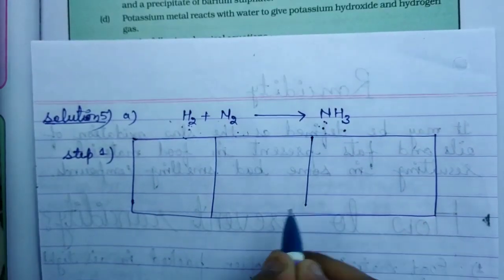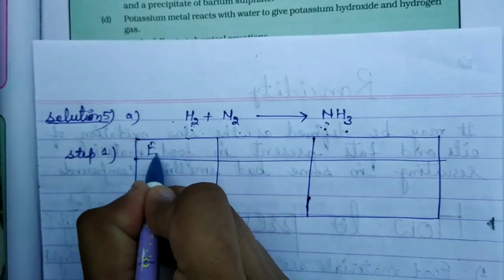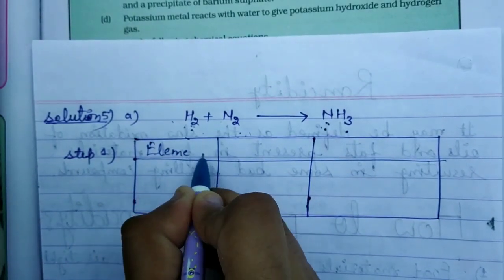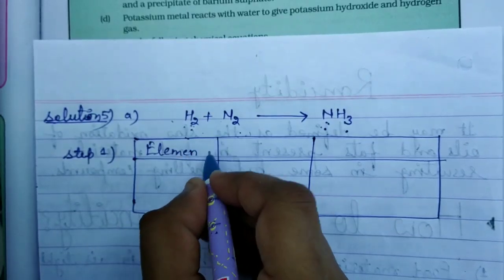We have to make these 3 columns. In the first we will write the elements that are mentioned in this given chemical reaction.